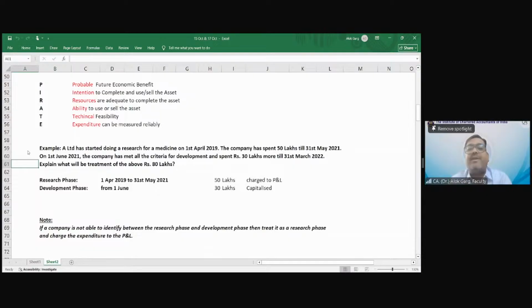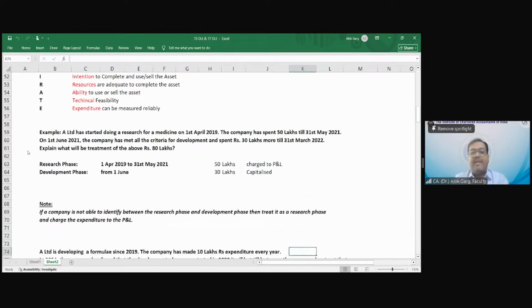Explain the treatment of this 80 lakh rupees. So what is my research phase? 1st April 19 to 31st May 21, 50 lakhs. Yes, 50 lakh is the research phase. This has to be charged to P&L. The development phase started from 1st June, right? 30 lakh has to be capitalized.